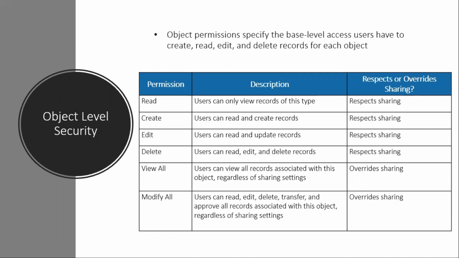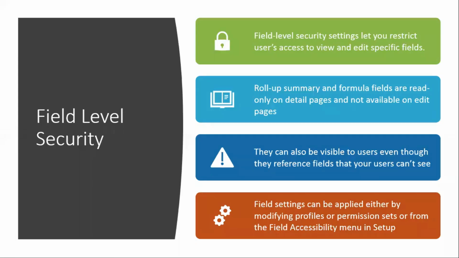If you go down to the next level, after the object it comes to the field level security. Field level security tells us the user access to view and edit a specific field, right? As I rightly mentioned, the roll-up summary and the formula fields are only available in read-only format, and you cannot edit those, right?